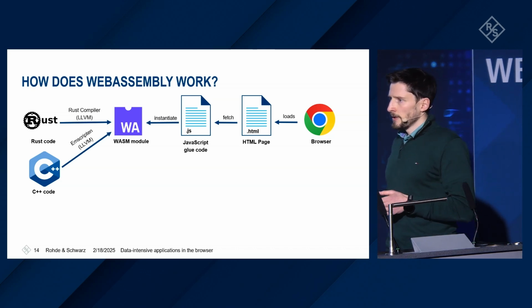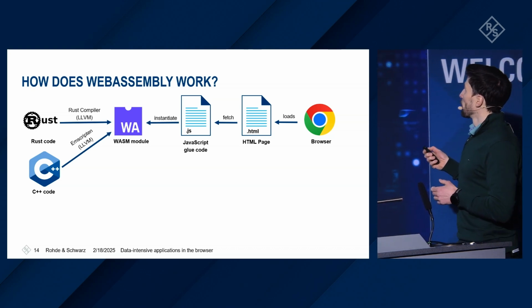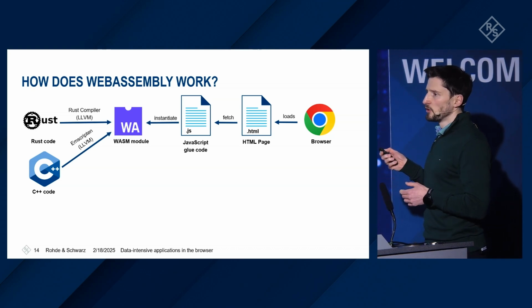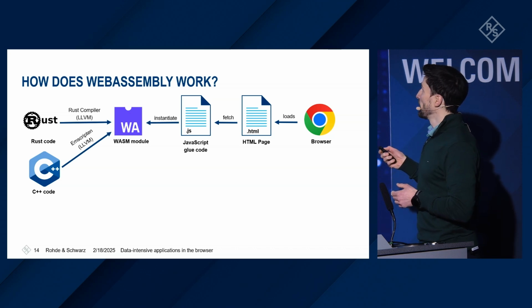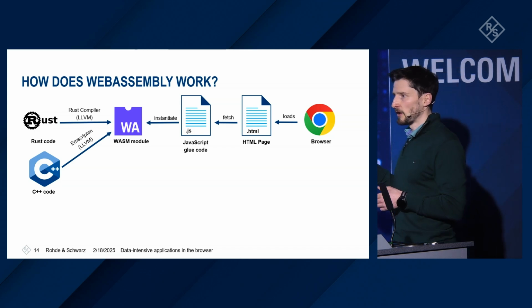And to integrate this WebAssembly module, you first need, like always in the web, an HTML page. So the user requests this HTML page from the browser. And then in the HTML, you have to reference a JavaScript file, because you currently cannot directly reference the WebAssembly module, maybe that's coming in the future.